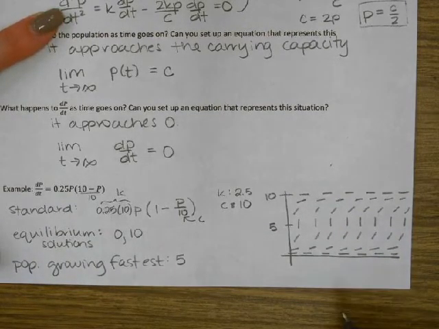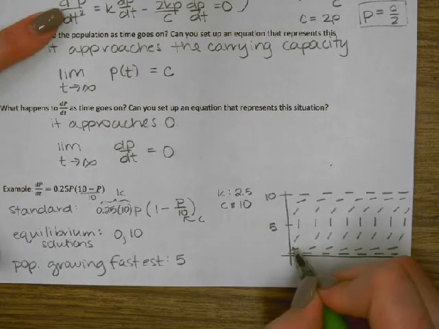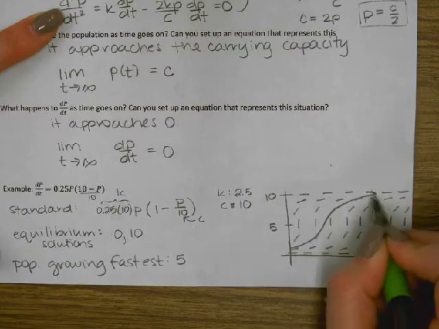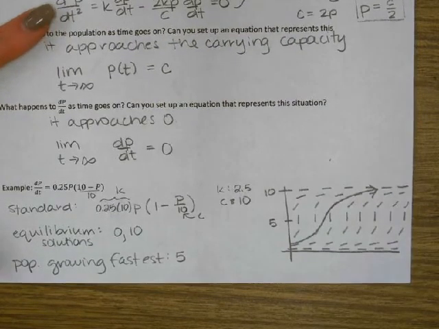And then if you were to follow these curves, we could start right here and follow it up and see that it goes like that. So it looks like a logistic function.